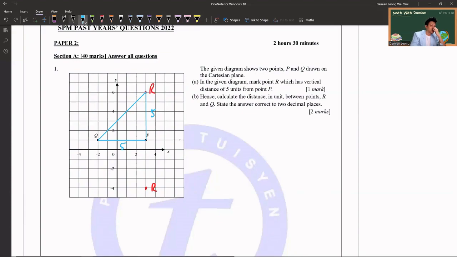So for part B, the distance between point Q and point R, distance of QR basically, would be square root of 5 squared plus 5 squared, Pythagoras theorem.